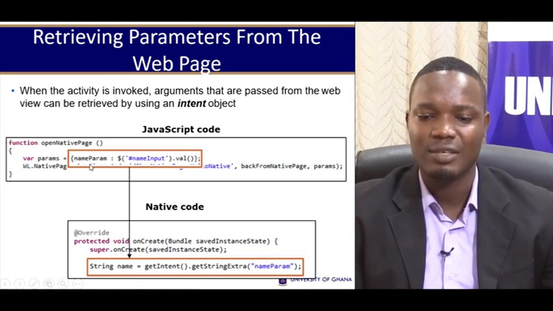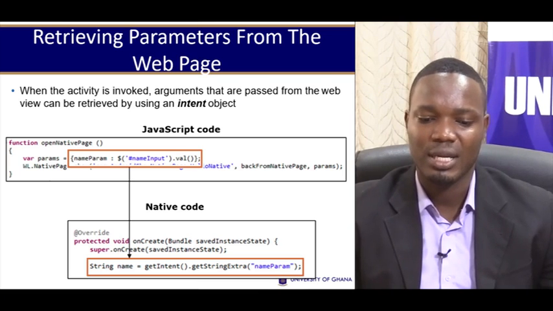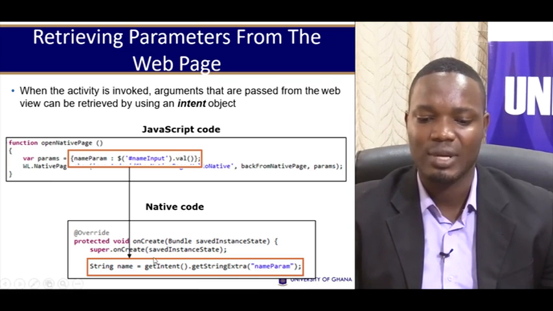And if we want to retrieve parameters from the web page, we would also want to follow this approach. Now, when the activity is invoked, arguments that are passed from the web view can be retrieved by using an intent object. So here we would have getIntent().getStringExtra, and then the name of the parameter we actually want to get is passed here. So here we have the name parameter, and we are going to get that.